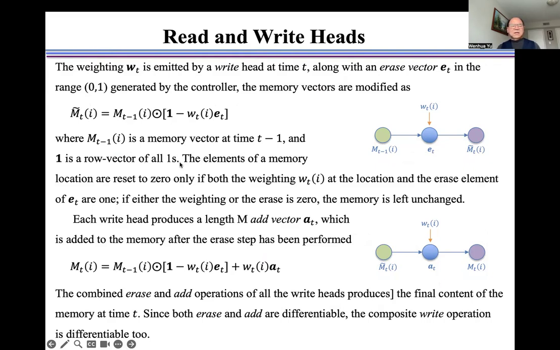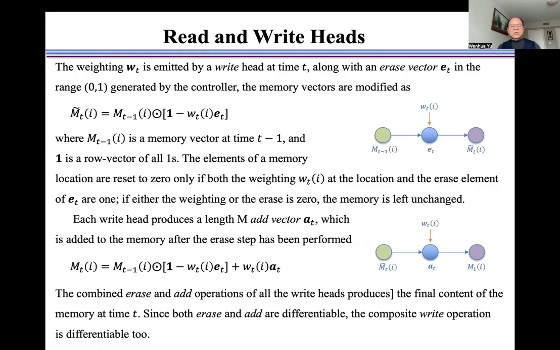The elements of a memory location are reset to 0 only if both the weighting w_t at a location and the erase element of e_t are 1. If either the weighting or the erase is 0, the memory is left unchanged.